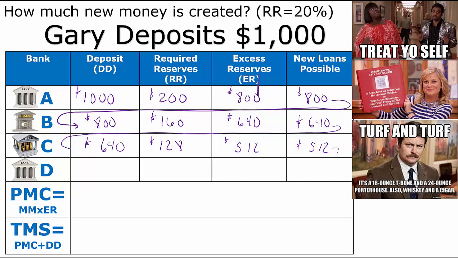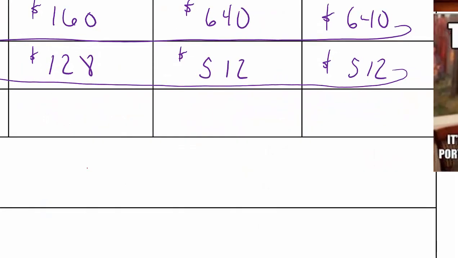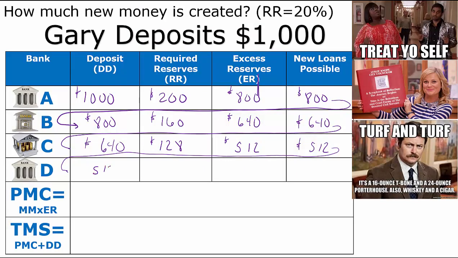So this $512 loan that Ron took out so that he could get a turf and turf meal gets deposited into another bank. And of that $512, $102.40 gets set aside as required reserves, and $409.60 gets put as excess reserves, which means $409.60 can be loaned out.